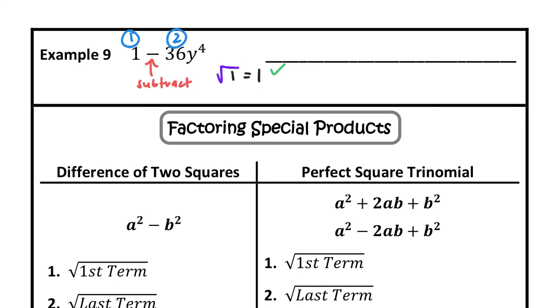Can I square root 36y to the 4th? Yeah, what's the square root of 36? That's 6. The square root of y to the 4th is y squared. So this checks off. So we do have a difference of two squares.